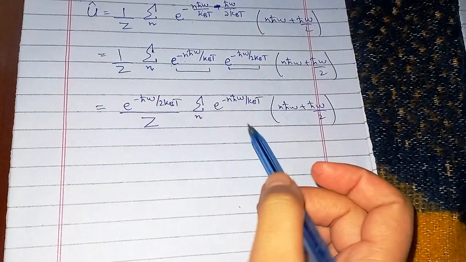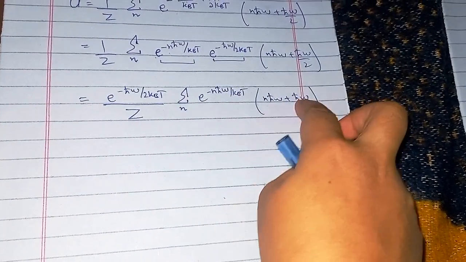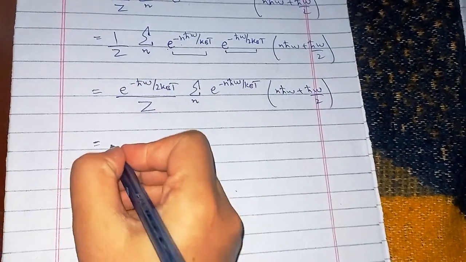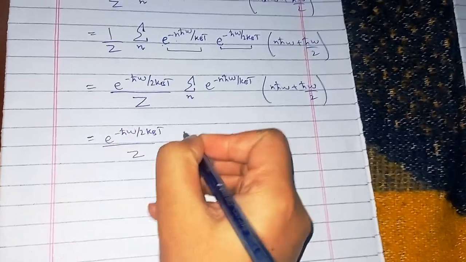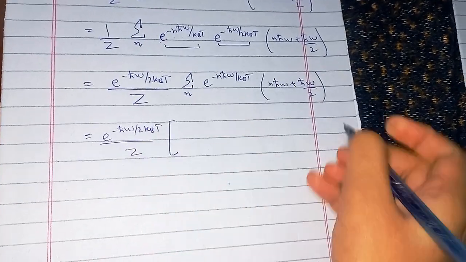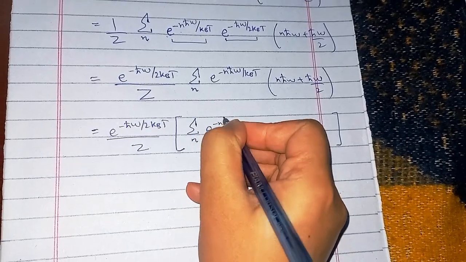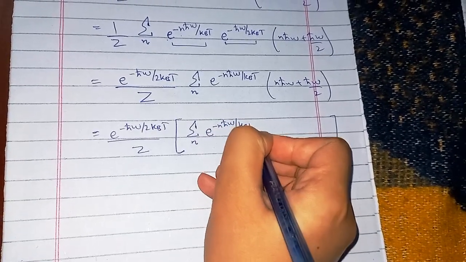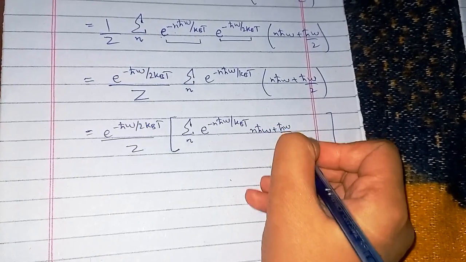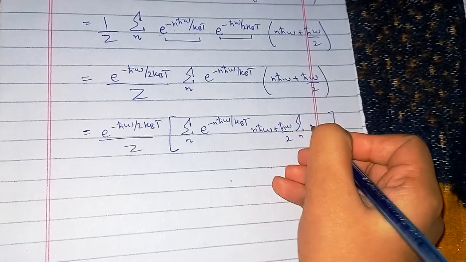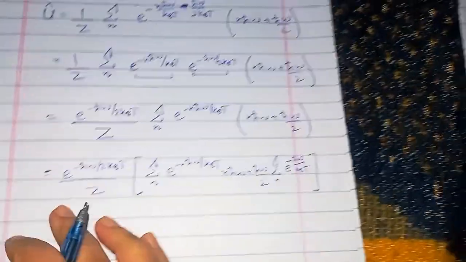Next, we can multiply this term here and this term as well, so that we may get a simplified form. So there is this whole bracket: summation n e to the power minus n h cut omega by kBT, multiplied by n h cut omega, plus h cut omega by 2 summation n e to the power minus n h cut omega by kBT.